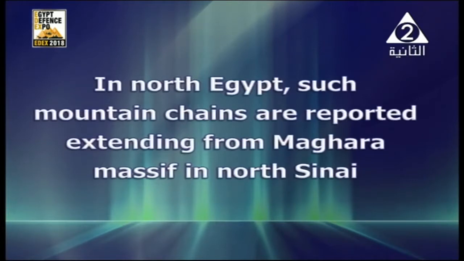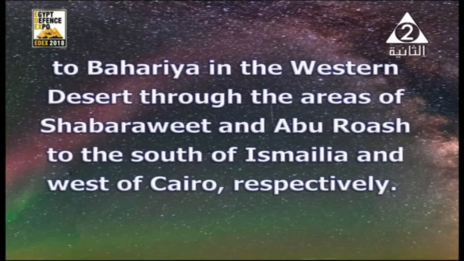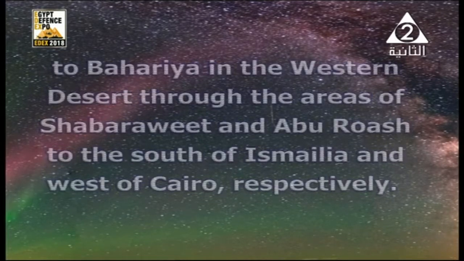In North Egypt, such mountain chains are reported extending from Maghara Massif in North Sinai to Bahariya and the western desert through the areas of Shabrawit and Abu Rawash to south of Ismailia and west of Cairo, respectively.